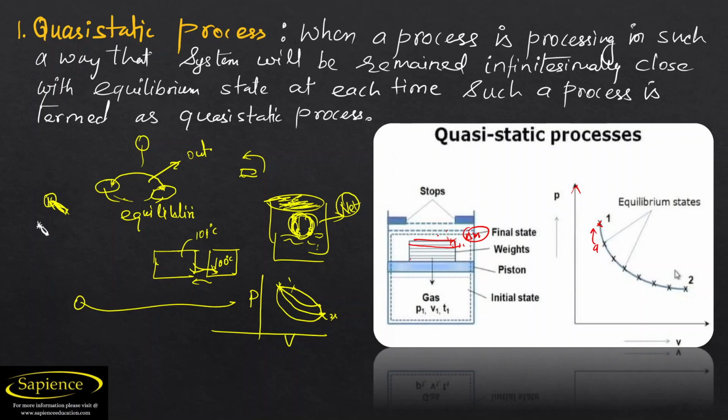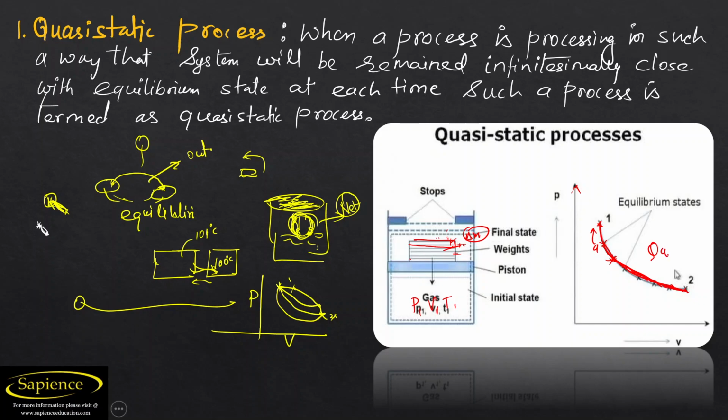If we again keep the same weight, our condition of P1, V1 and temperature T1 will again come to the same state, because we are taking a small step. If we take small steps, then only will it remain in equilibrium. So we go like this up to 2. When we join this line, the whole process is known as a quasi-static process.